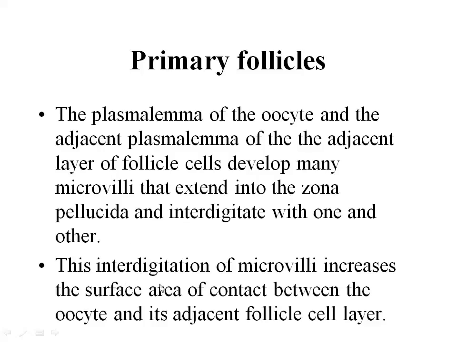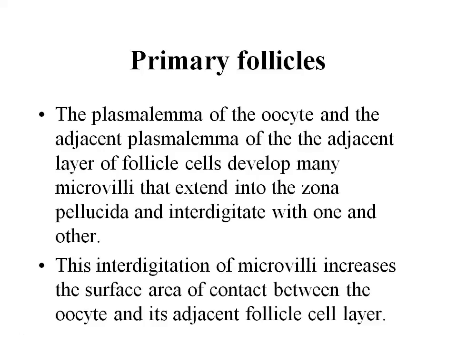This interdigitation of microvilli increases the surface area of contact between the oocyte and its adjacent follicular cell layer. So slowly these oocytes go on touching the follicular cells and increasing their contact with the oocyte. That way there is more exchange of nutrients to the oocyte.